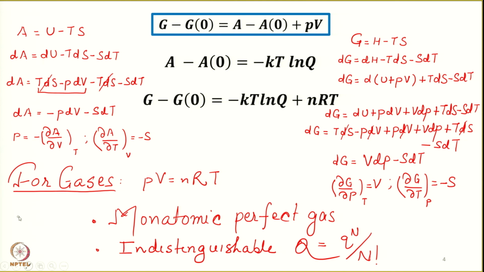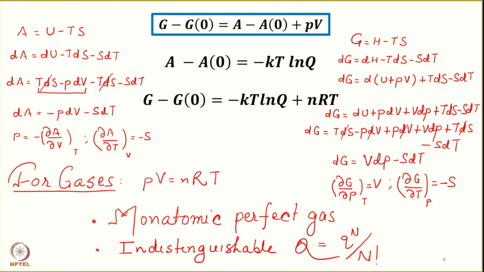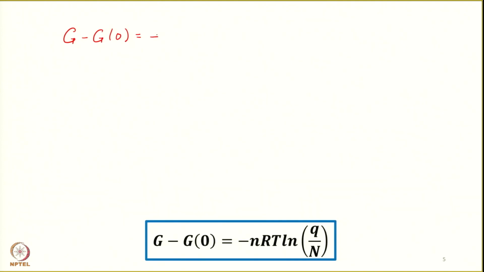Okay, let us carry it forward. That is, G minus G0 is equal to minus kT log Q plus nRT, and we will use Q is equal to q raised to the power N over N factorial, for indistinguishable molecules.